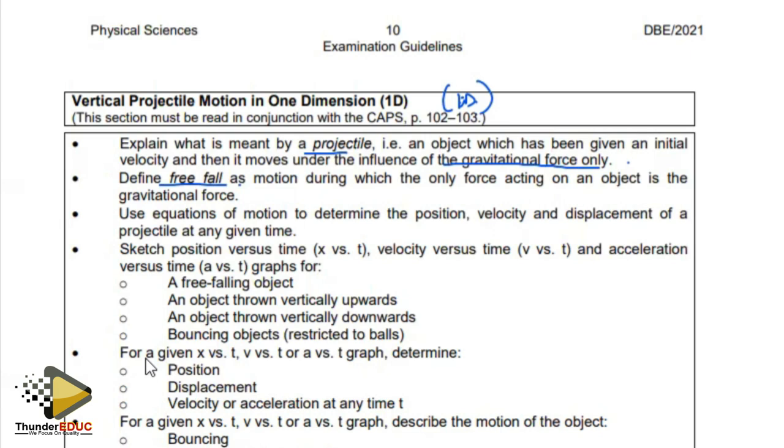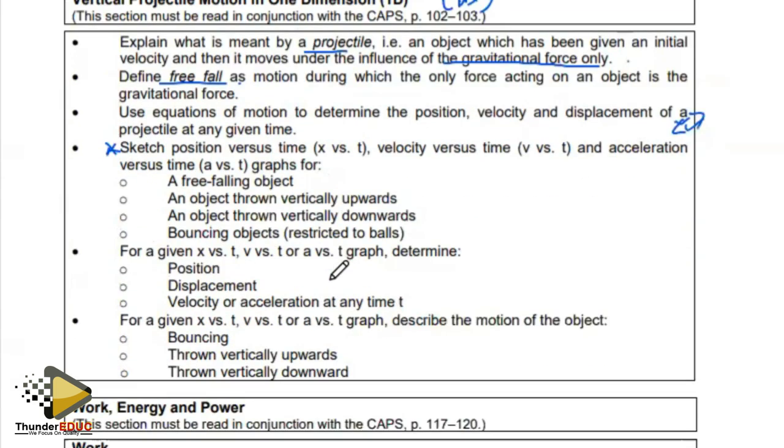Then use the equations of motion and know which one exactly to use based on the given information of variables. We need to know how to sketch the position time graph, velocity time graph, and the acceleration time graph. You can always revisit some of the videos that we've done before when we're explaining some of this content in detail.